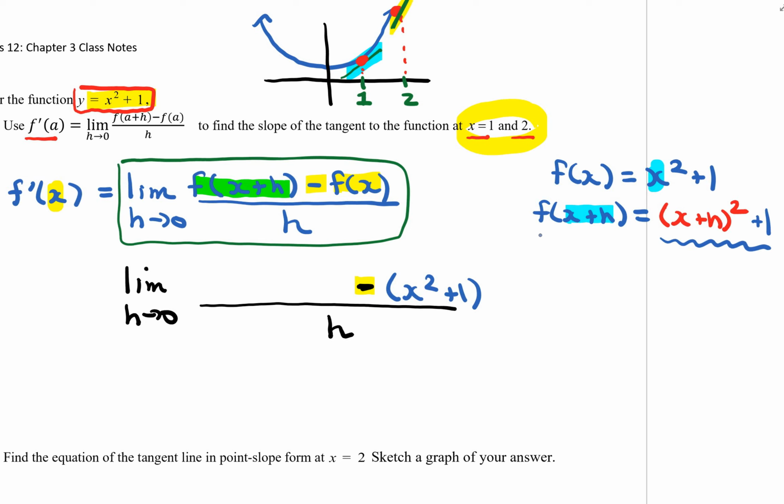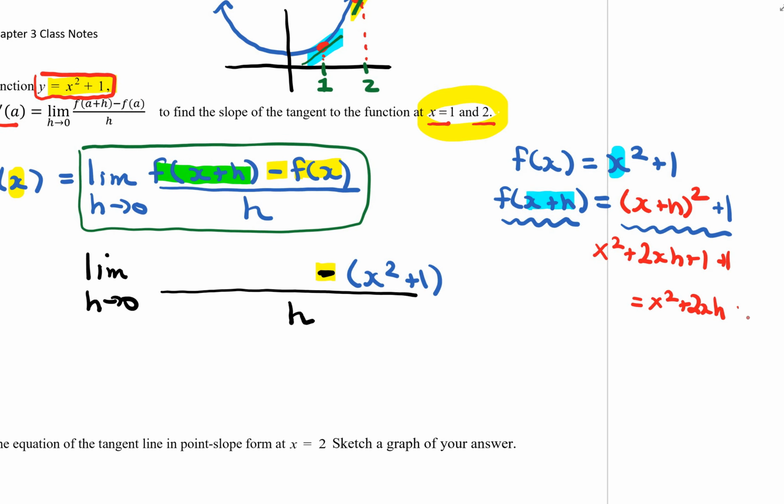So this right here is f of x plus h. I'm going to go ahead and expand this, because this is really just x squared plus 2xh plus h squared plus 1, and then plus a 1, which is really x squared plus 2xh plus h squared plus 2. Okay, so let's go ahead and write that down.